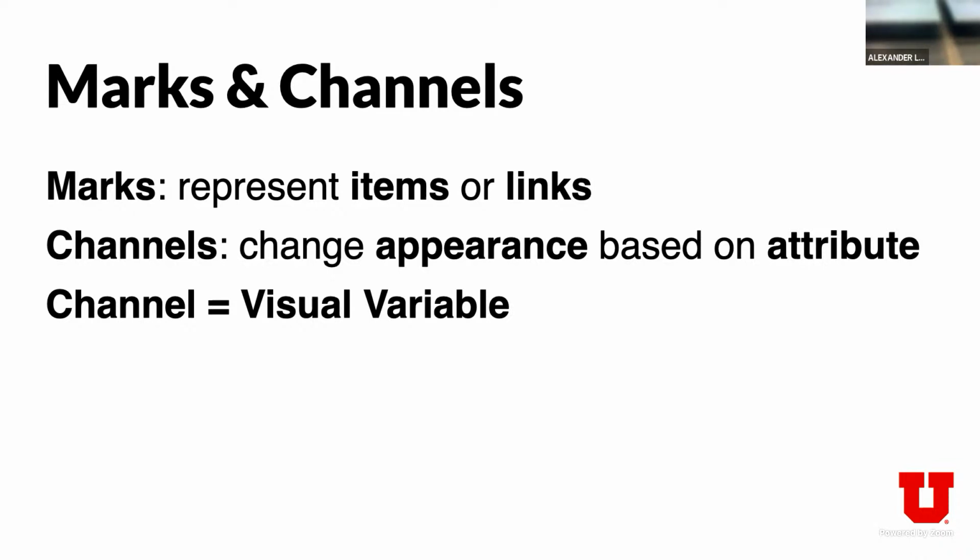So for example, a bar here is a mark, right? And the channel is the change of the appearance based on an attribute. And that would be here in this example, the height, right? So we changed the channel to visualize the difference of these 2 items, but we identify each item by its mark, right? In this case, it's a little bit more complicated.